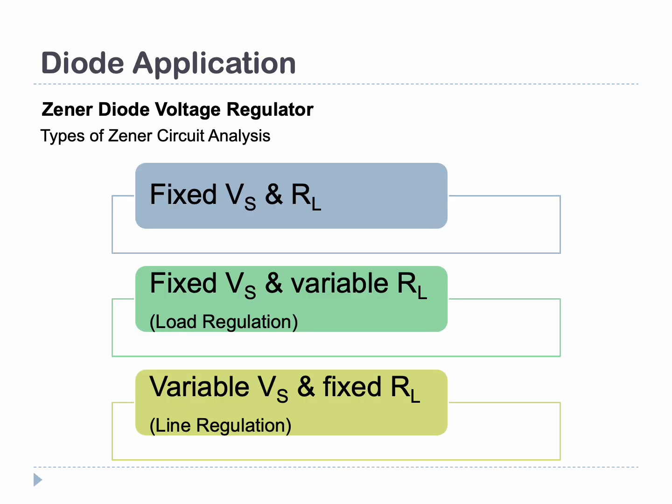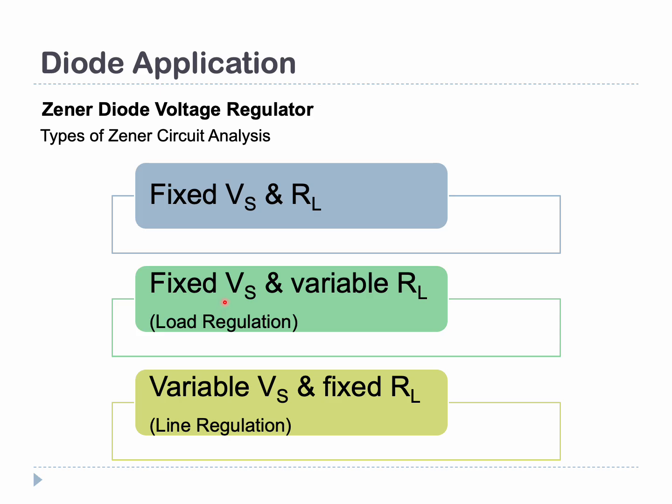Now let's look at the types of zener circuit analysis. There are 3 types. The first one is the most famous one, where the voltage source and the load resistance are at a fixed value.